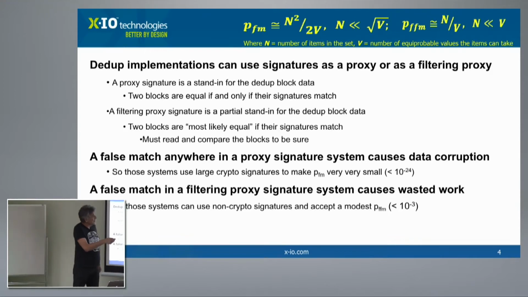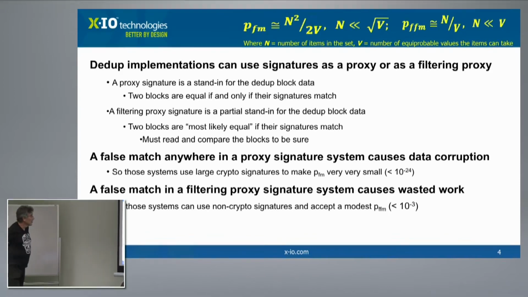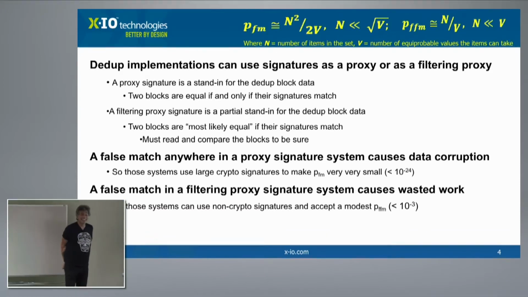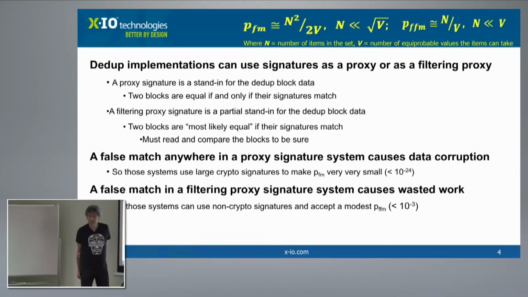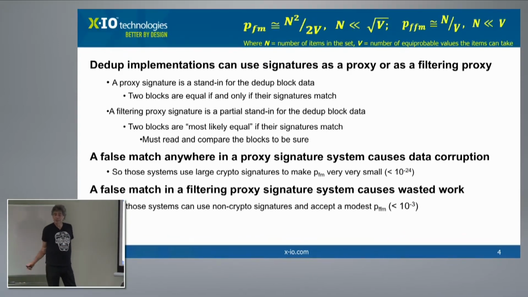This is the probability of a false filtering match, which only has a performance penalty. If you've got 10 to the 11th, that's 100 billion signatures in your system, that happens to be about 2 to the 37th. Use a 48-bit hash, that means 1 out of 2,000 signatures will match badly, 2 to the 11th.